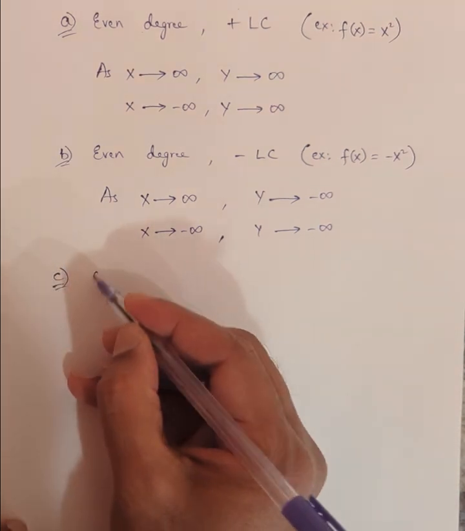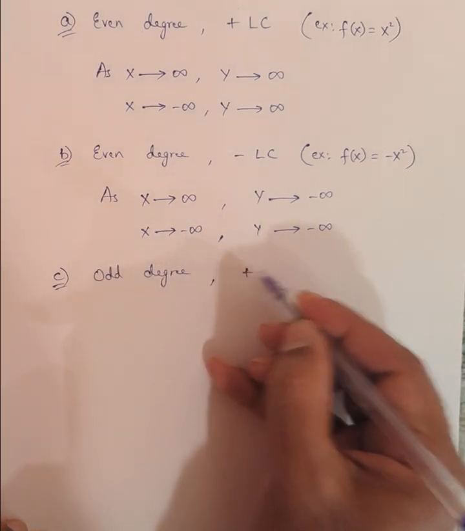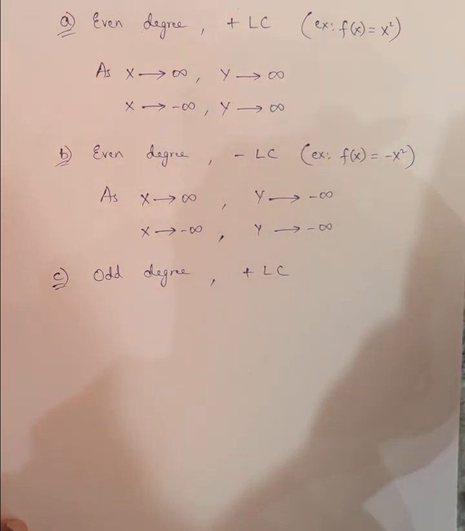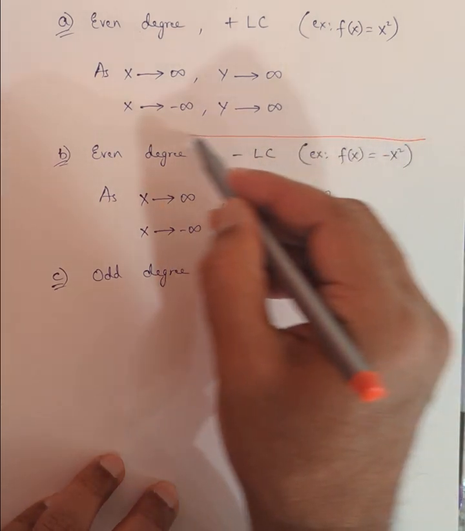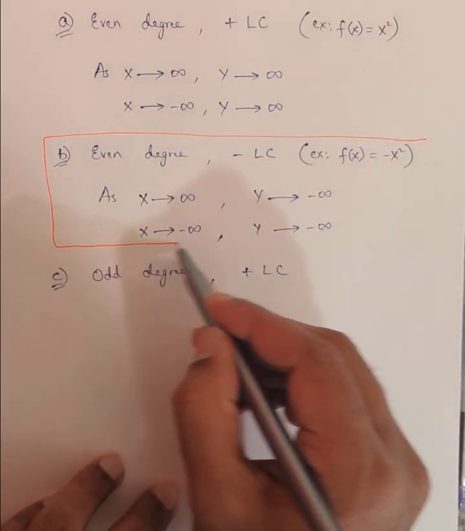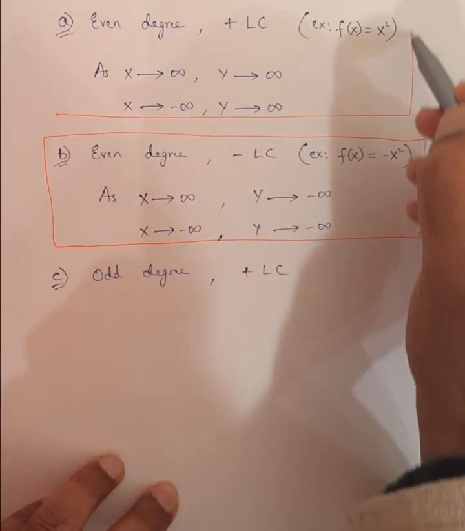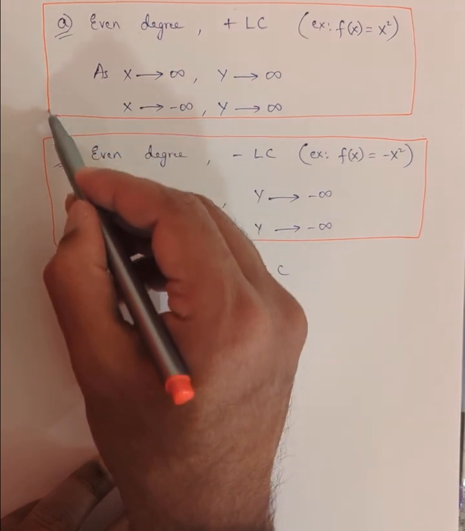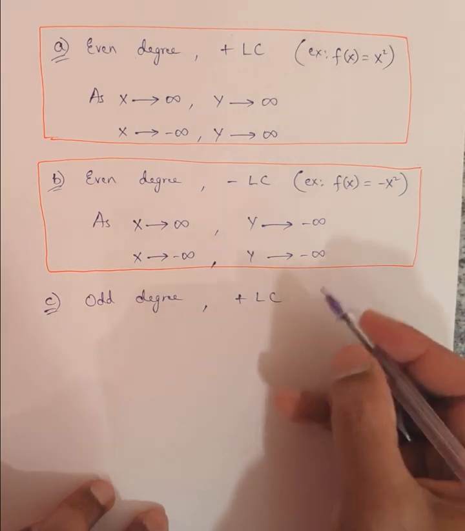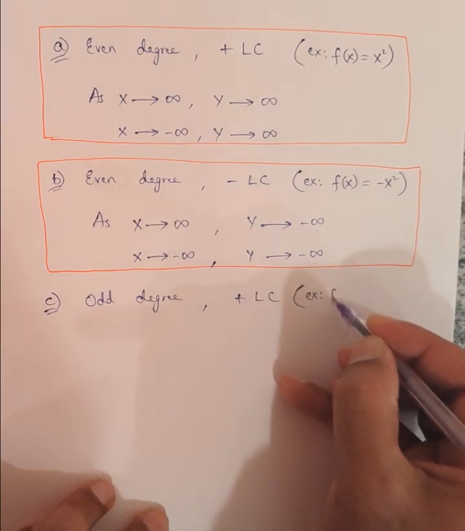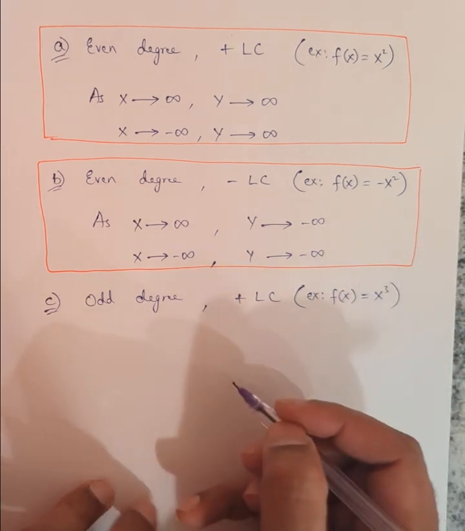In C, I'm going to have odd degree and positive leading coefficient. Maybe I should separate them and put them in boxes. So let's do that. Odd degree, positive leading coefficient, and that example is x cubed.